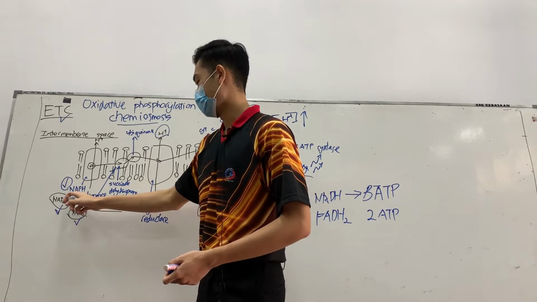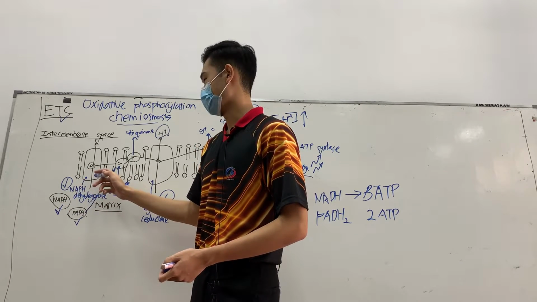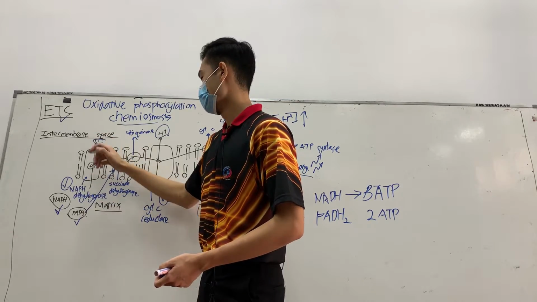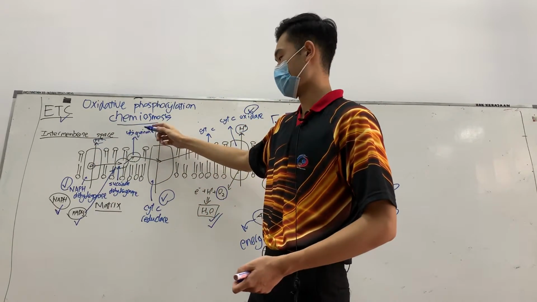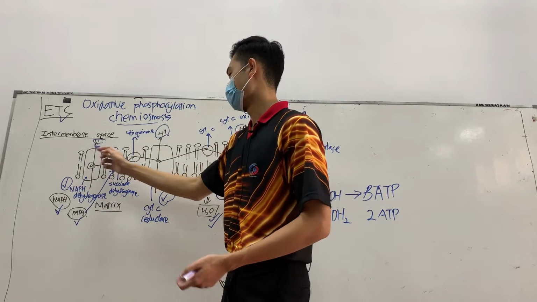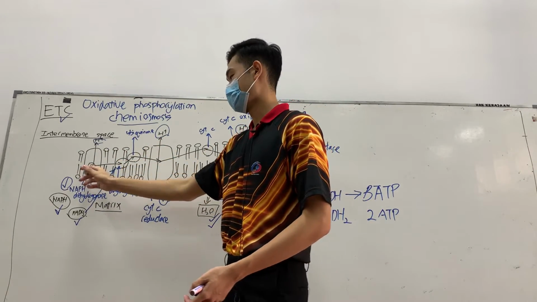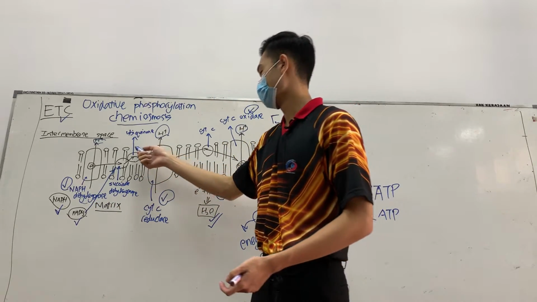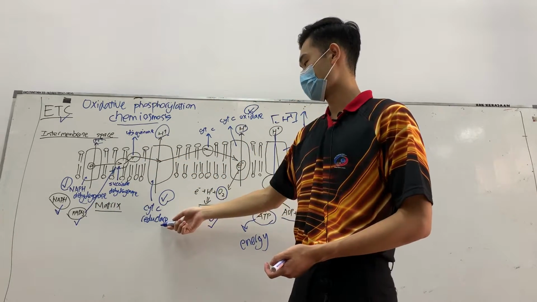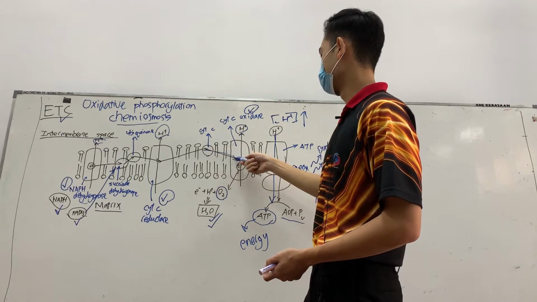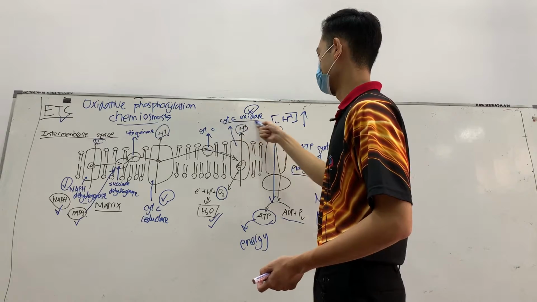So the transfer from NADH to NADH dehydrogenase will produce energy, and this energy will pump H+ ions across the inner membrane, from the matrix to the intermembrane space. And the electrons will continue to pass from NADH dehydrogenase to succinate dehydrogenase to ubiquinone to cytochrome C reductase to cytochrome C, and lastly to cytochrome C oxidase.